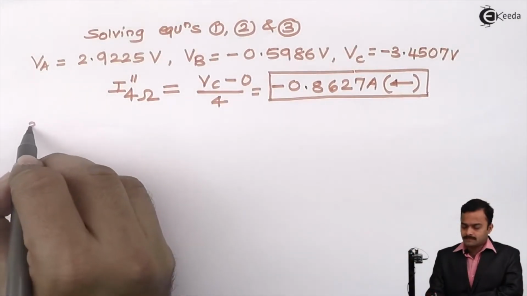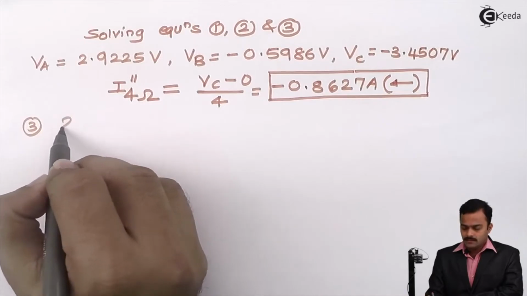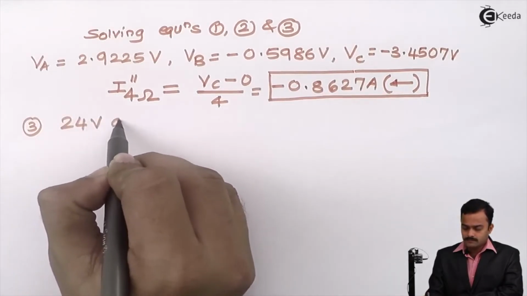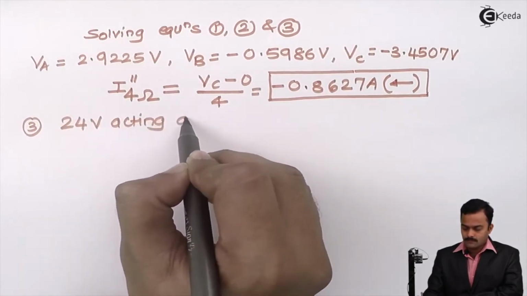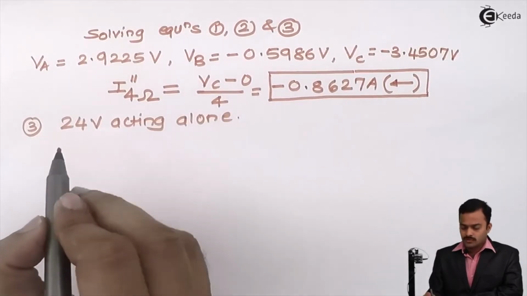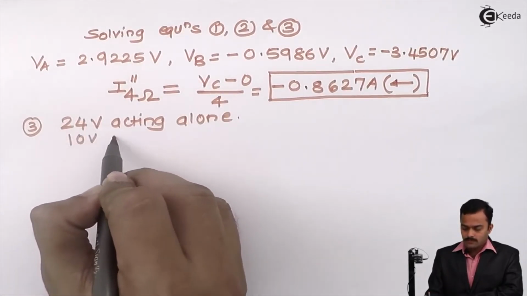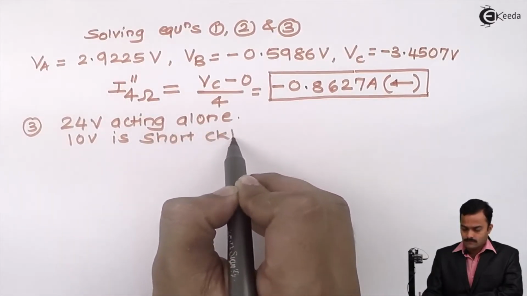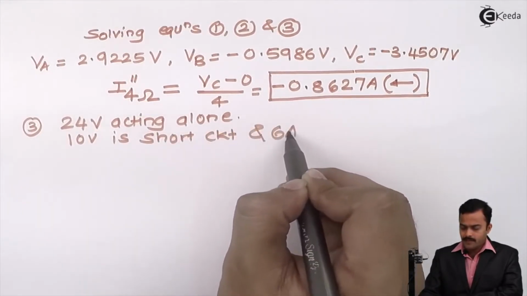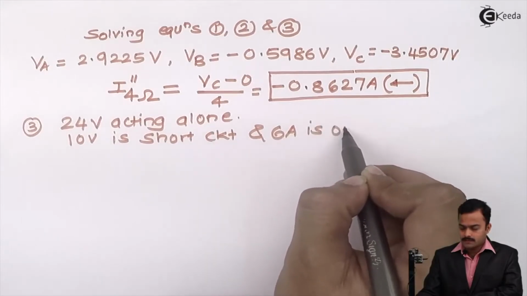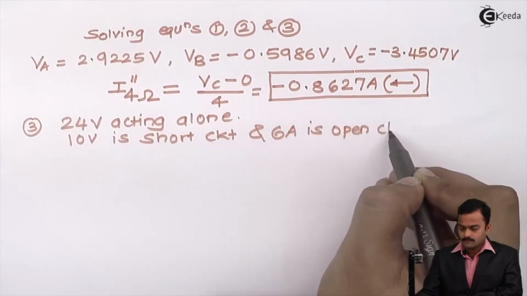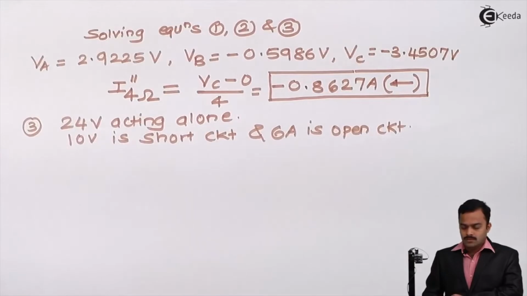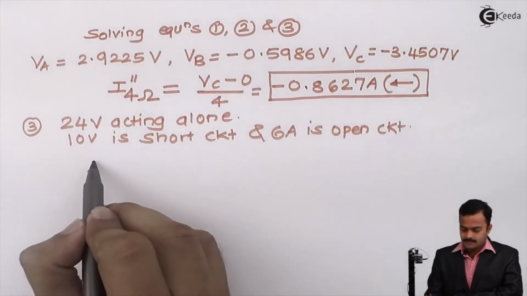Now the third step, we are considering 24 volt acting alone. So 10 volt is short circuited and 6 ampere is open circuited. So I will get a circuit like this.